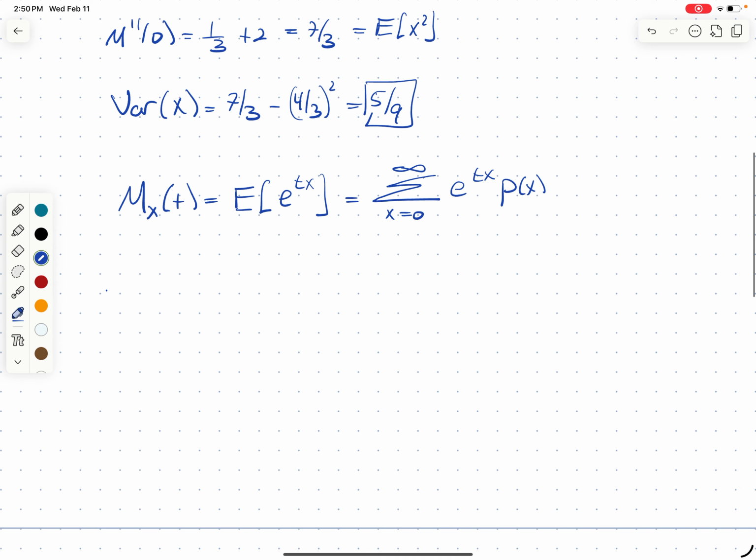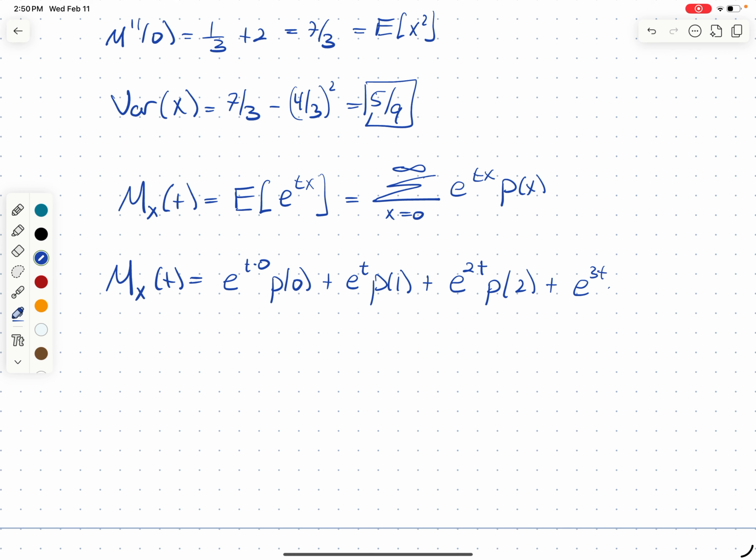The moment generating function, I can write this out. This is going to be e to the t times 0, so when x is 0, times the probability of 0 happening, plus e to the t when x is 1 times the probability of 1 happening, plus e to the 2t times the probability that x is 2, plus e to the 3t times the probability that x is 3, plus so on and so forth.